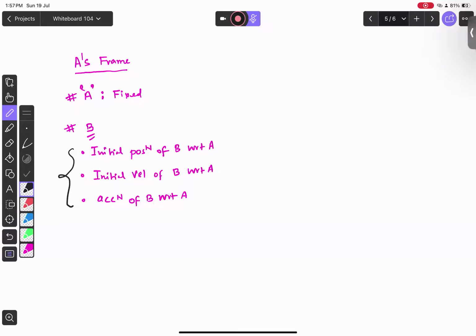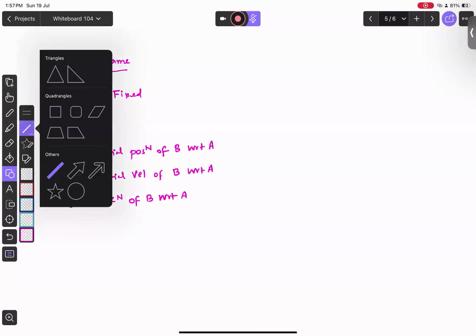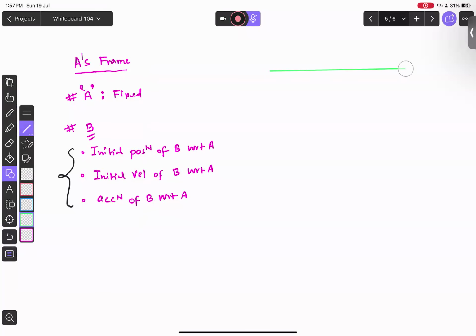Okay. So in 1D motion, our life is easy because in 1D, I can use plus and minus to tell directions. Suppose this is our A and this is B. Velocity of A is constant and it is this side.